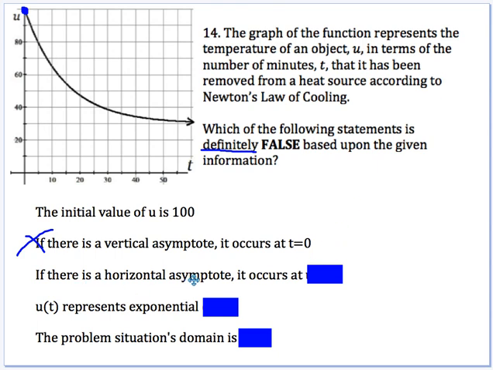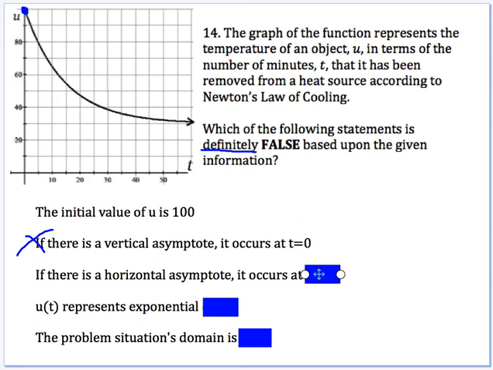If there's a horizontal asymptote, it occurs at what? So this would be a y equals something. If you notice this graph, it kind of looks like it tapers off here. And if you remember with Newton's law of cooling, something can keep decreasing its temperature until it reaches whatever the room temperature is. In this case, it looks like the room temperature is approximately 30.